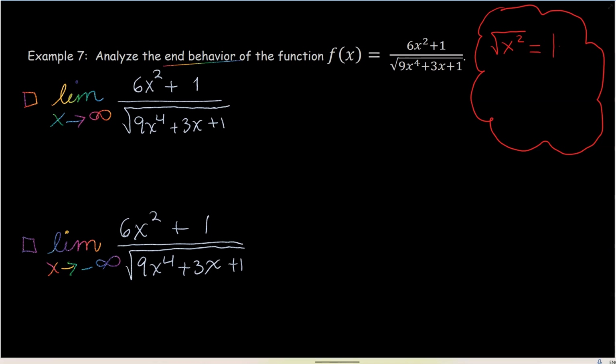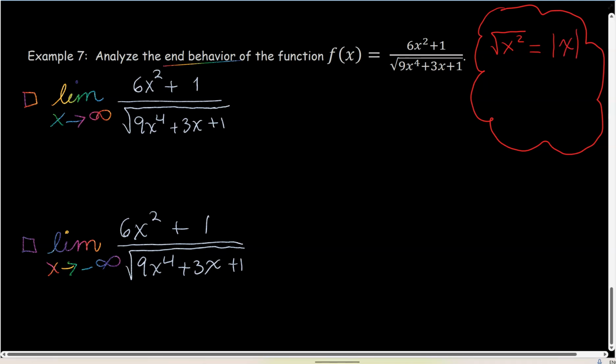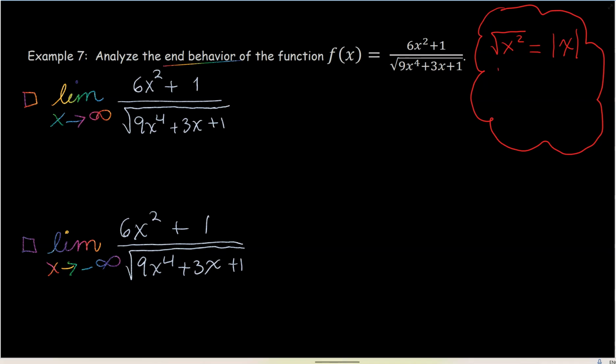But the answer really is not just x, but the absolute value of it. Because we know that a square root function goes like this, and for it to be a function, we are only taking the positive answer, right? So the square root of some number is a positive number. That's why we put the absolute value on there.